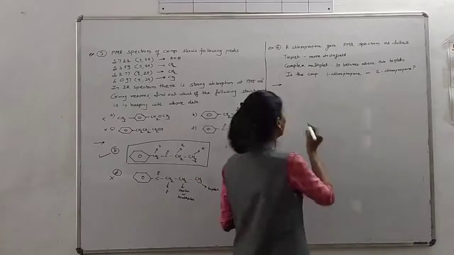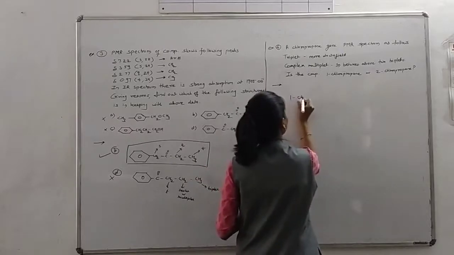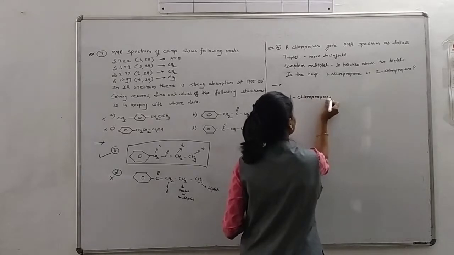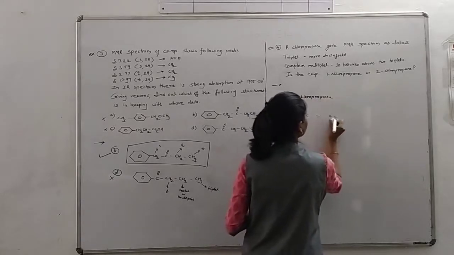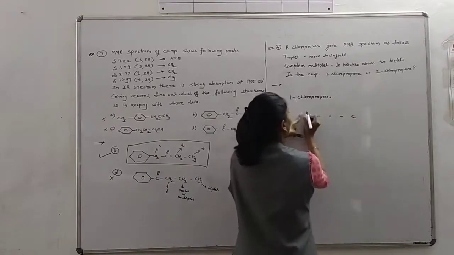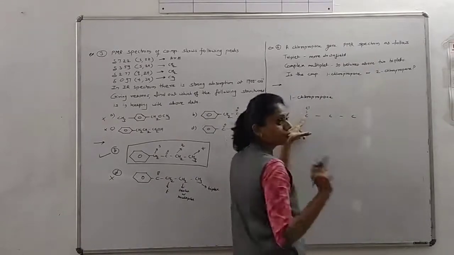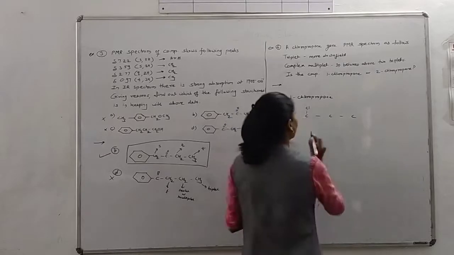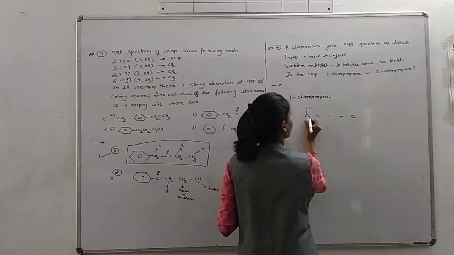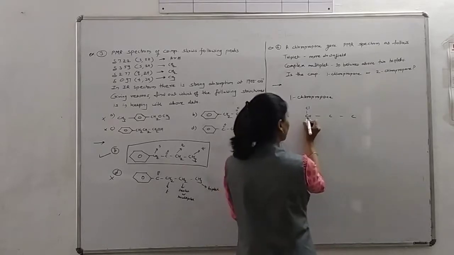Firstly we draw the structure of 1-chloropropane. Propane means 3 carbon atoms. 1-chloro means the chlorine group is attached to the first carbon atom. After this, write down the alkane chain and satisfy the carbon valency, since the valence of carbon is 4.